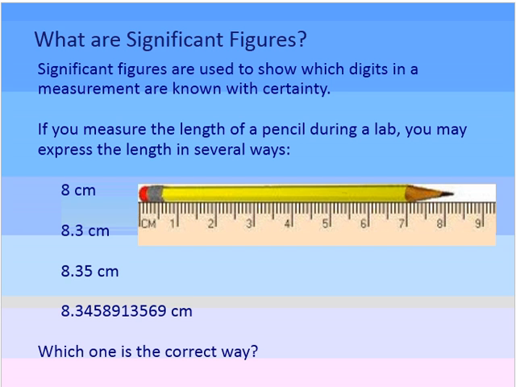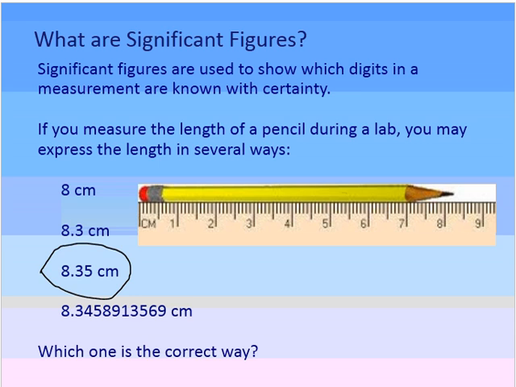So a measurement like that last one is just totally unrealistic. And if you've got a measurement like that that you calculate in class with a calculator, that's a little unrealistic to present too. So you may have looked at this and said, okay, it's probably one of these two, 8.3 and 8.35. According to the rules of measurement and using significant figures, this one is my best measurement.